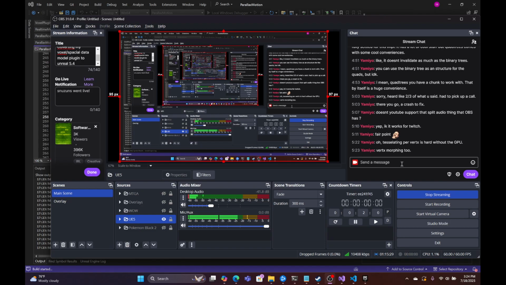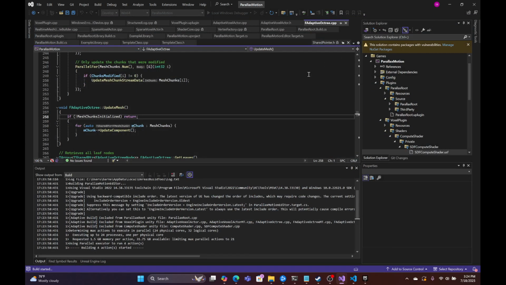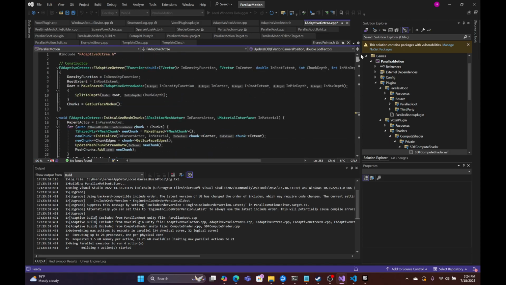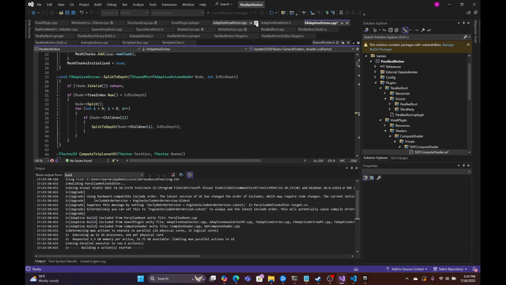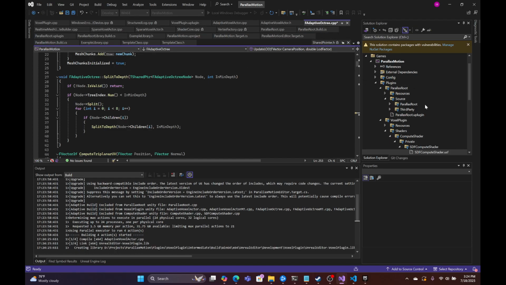Yeah, so it's a dual contouring implementation, and it works pretty good, but I just do the SDF for the test.